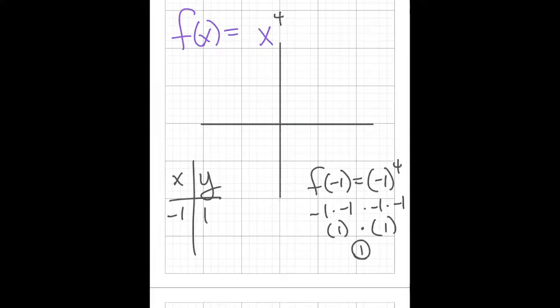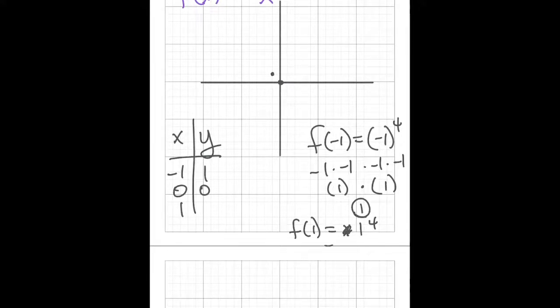So it had to work out like that, okay? If you do the same thing for 0, you get 0, do the same thing for 1. Okay, 1 times itself 4 times. Yeah, I'll ignore that 4 in there. My brain's going faster than my hand. Okay.